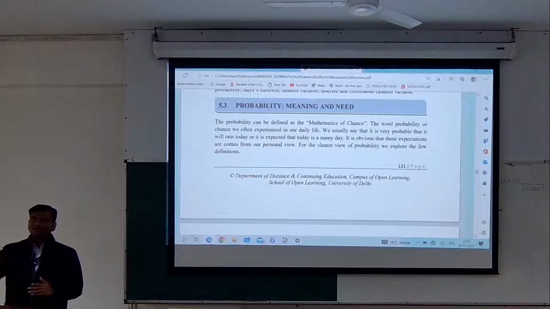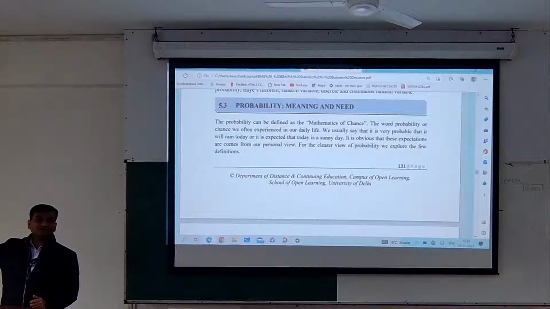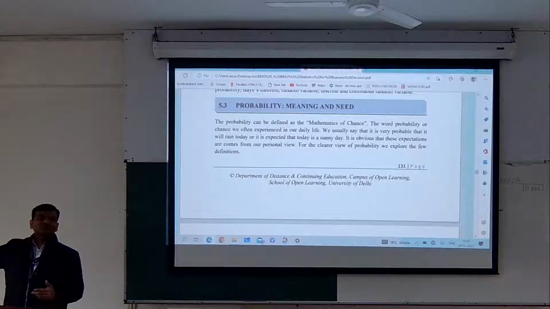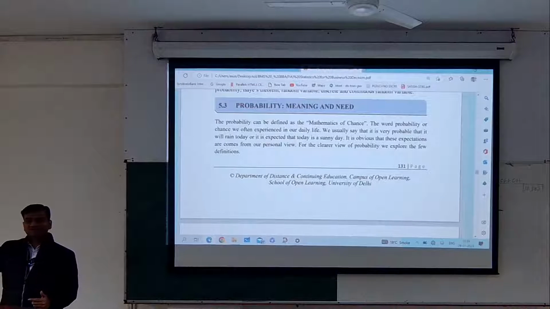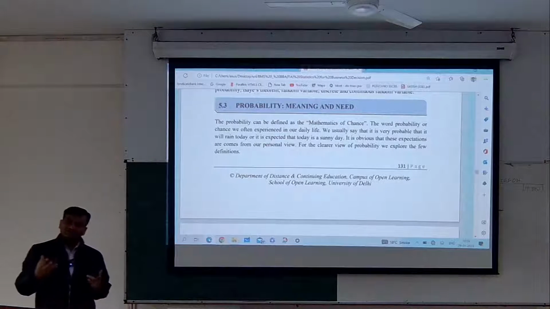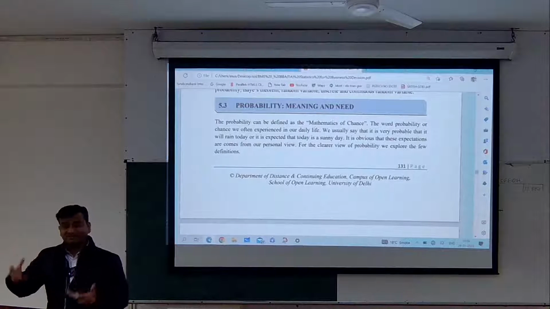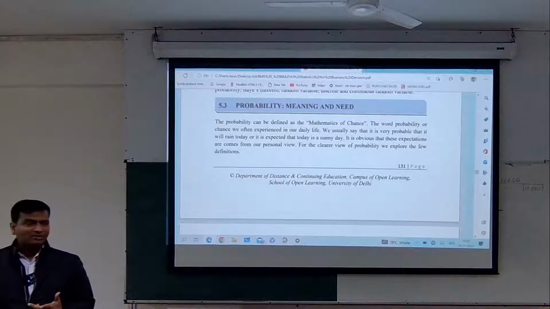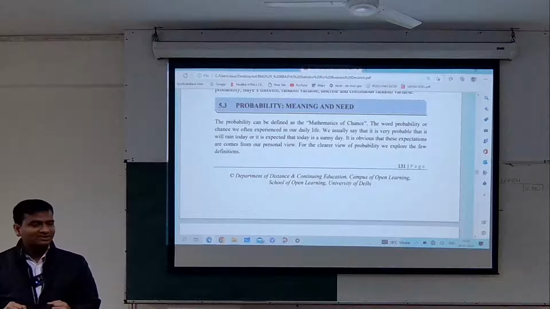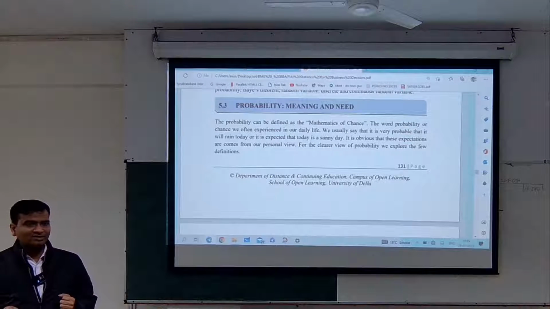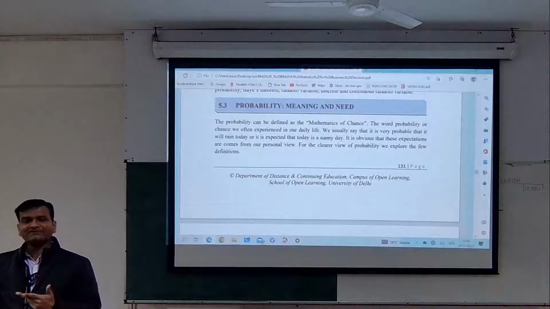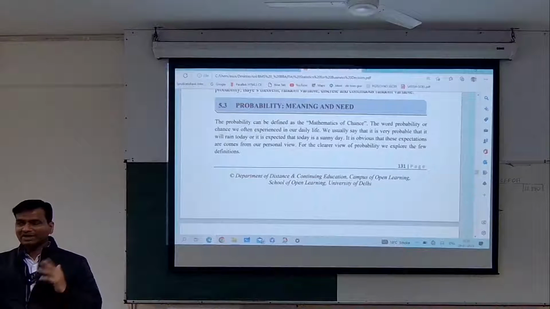When we ask what the chance is that there would be rain today or not, you just use your descriptive approach, your wisdom or experience, by looking at the weather, whether there are clouds or not, or what kind of air you have.